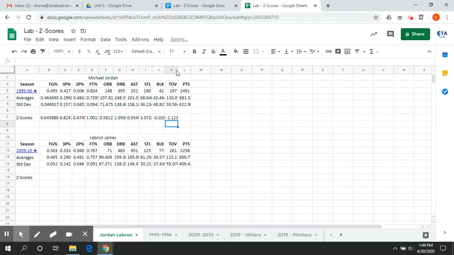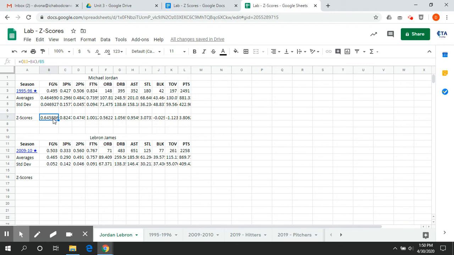So we can see here his z-score is negative, which is what we want, because being above the average in turnovers is actually a bad thing. All right, and then let's just do this one, points. Again, that's a regular one where being above is good.